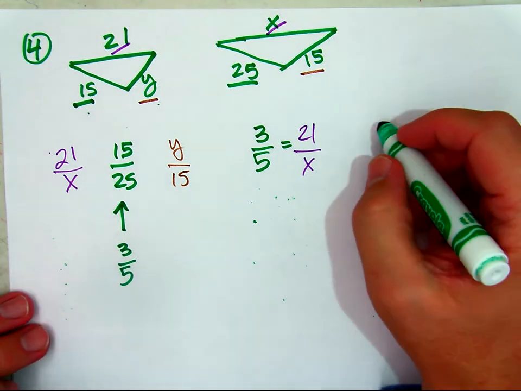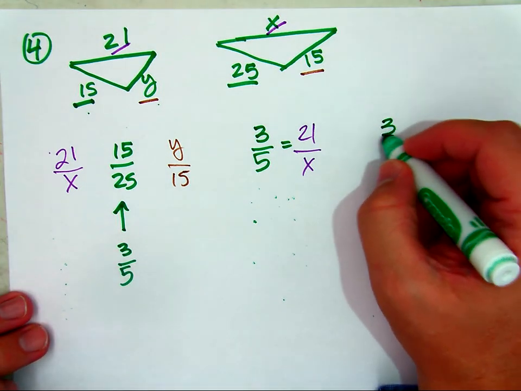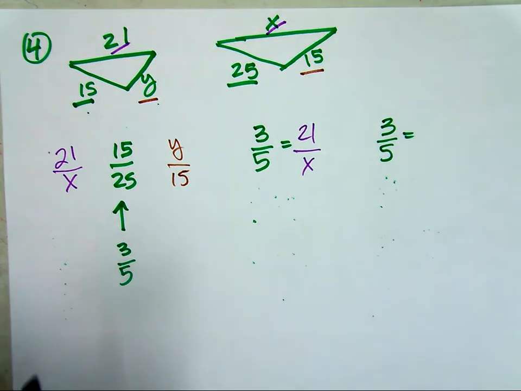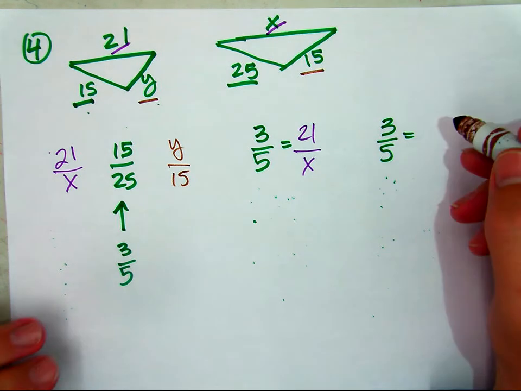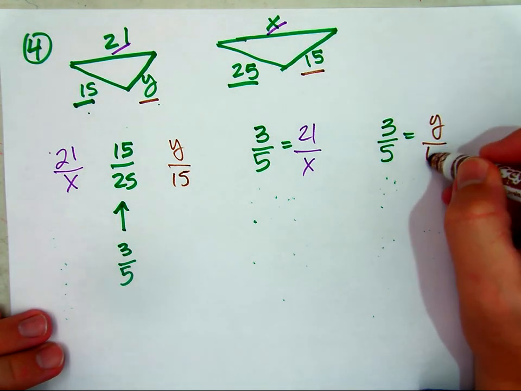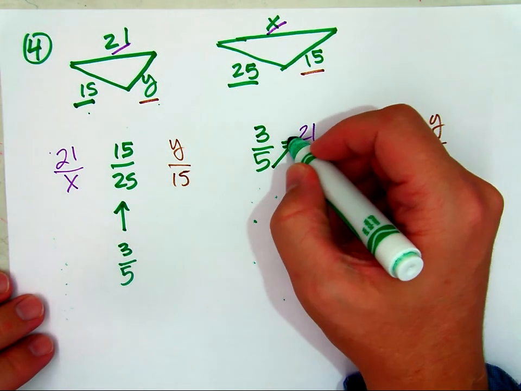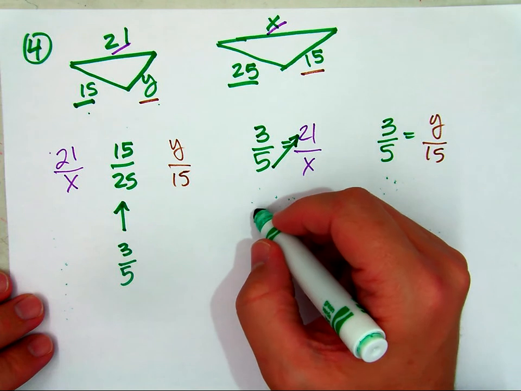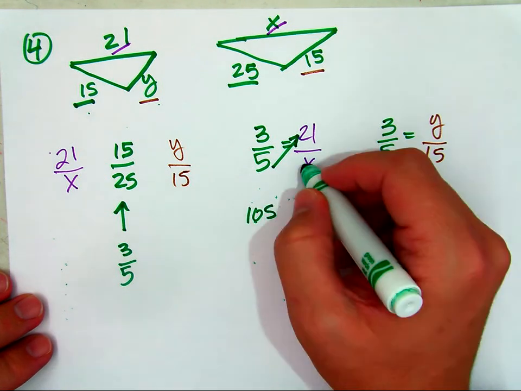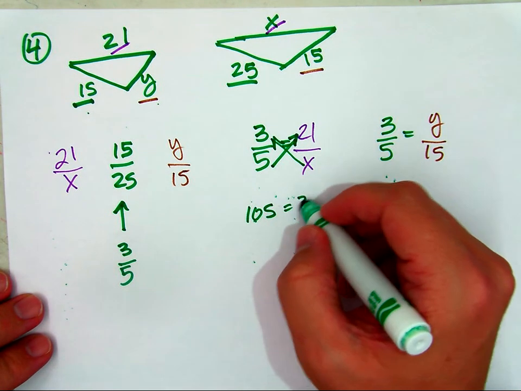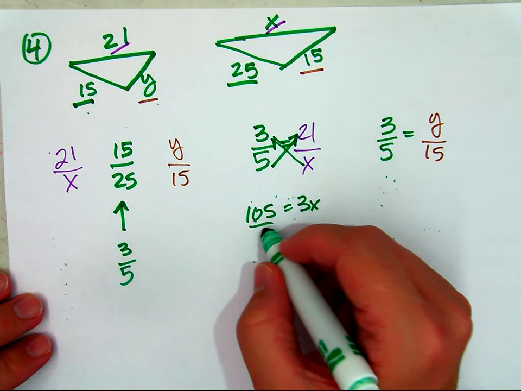And if I go ahead and set up my other one, 3/5 is going to be equal to y over 15. And now I can solve each proportion to get my x and y. 5 times 21 is 105, and that's equal to 3x.